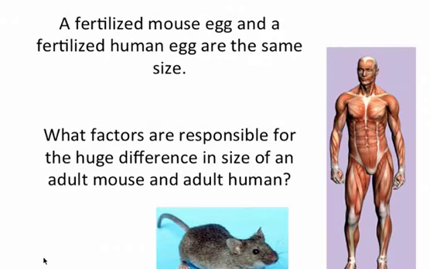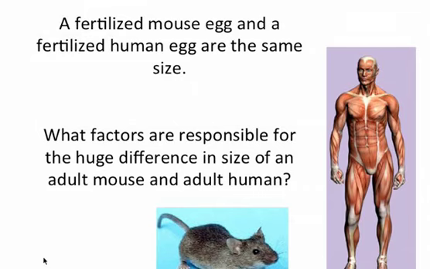And then we started talking a little bit more about cell growth, because that's what this is all about, right? In a way, the whole point of the cell cycle is so you can have more cells, so you can grow or to replenish. And so I brought up this question at the end of last class: a fertilized mouse egg and a fertilized human egg are the same size.